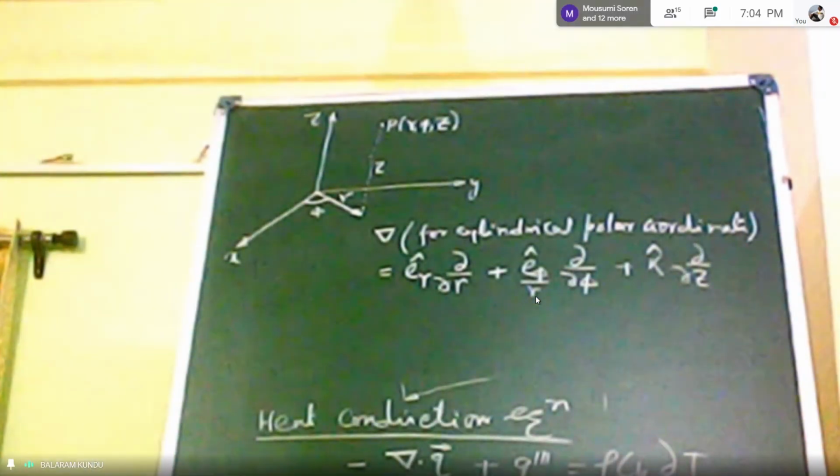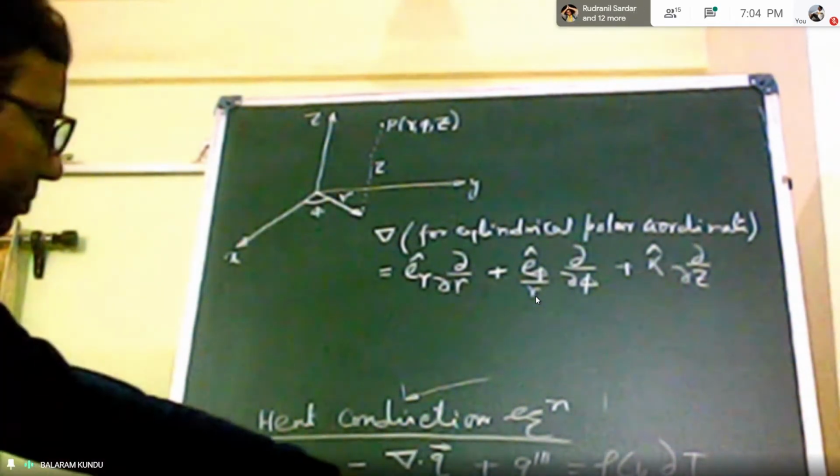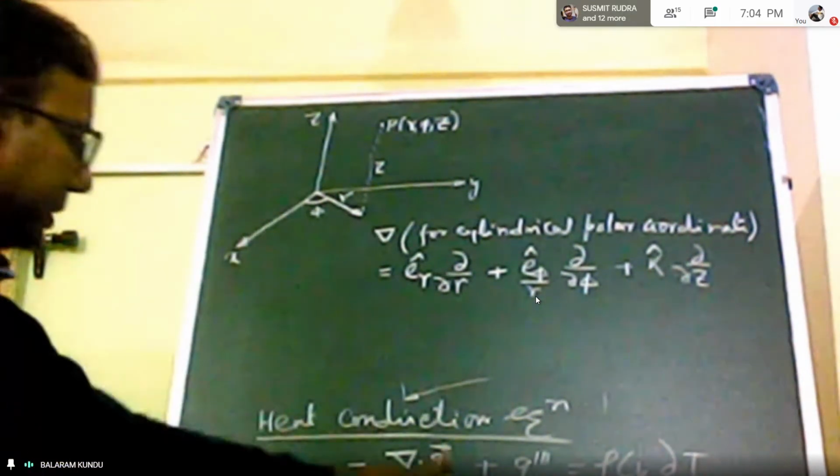So that is your grad for cylindrical polar coordinates. This expression is necessary to write the heat conduction equation in cylindrical coordinates, and here q is there.